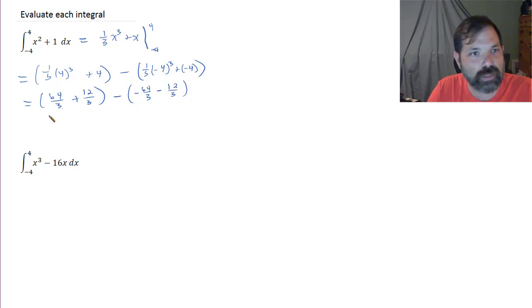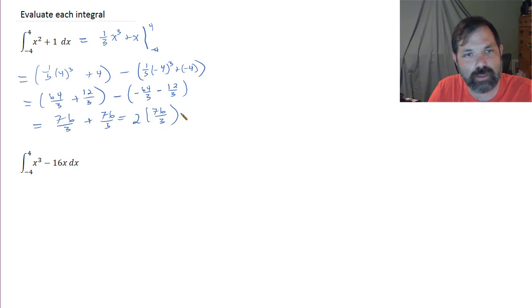So notice that that is 76 thirds plus 76 thirds. Those two values end up being exactly the same. And so it's 2 times 76 thirds. And so that's 152 over 3.